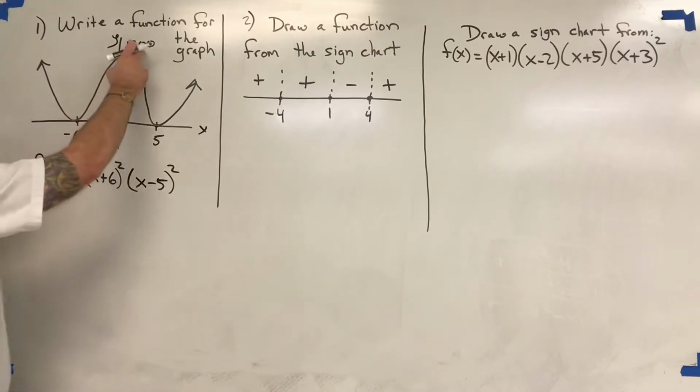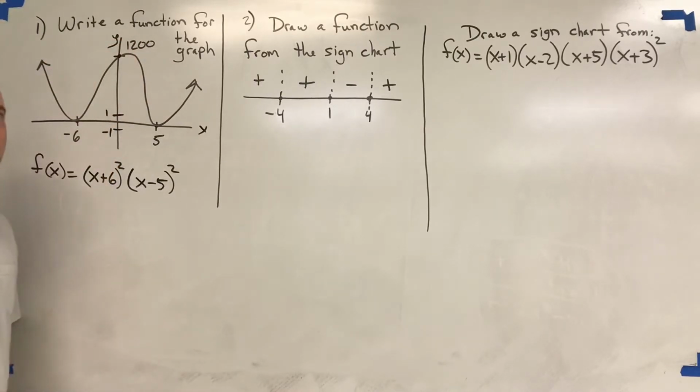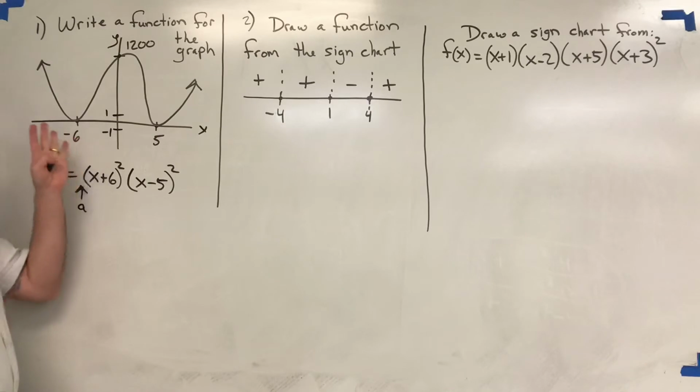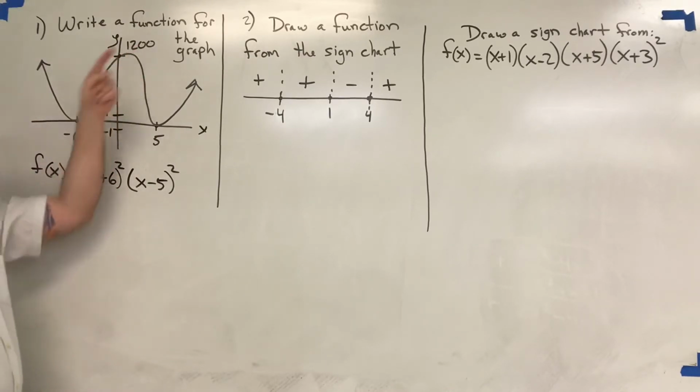Now we need to make sure that it crosses at 1200 on the y-axis. So it has that output of 1200 for y. The trick is we add an extra variable here, a, and we'll make it so where it has to force it to have that output of 1200.